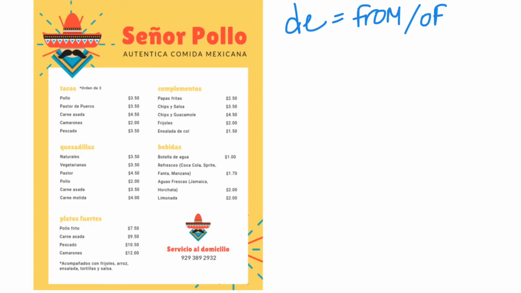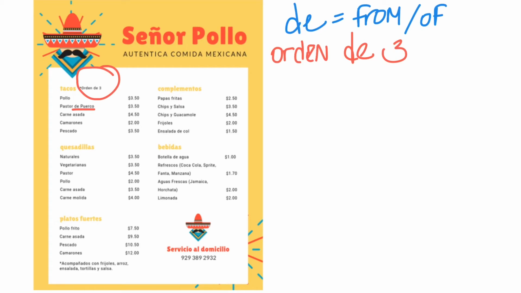So if I look at the menu from your book, I see this up here, "orden de tres," where it's pretty straightforward. It's an order of 3. And then I also see it below, listed in the actual dish.